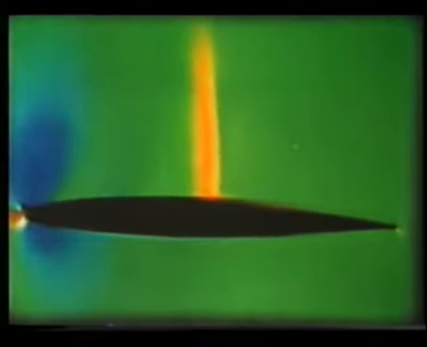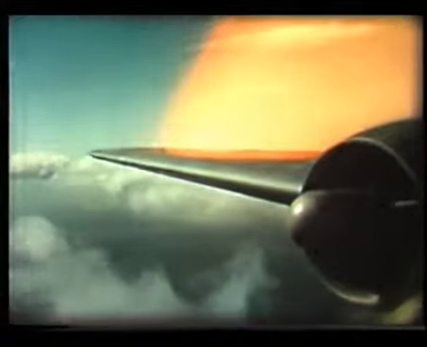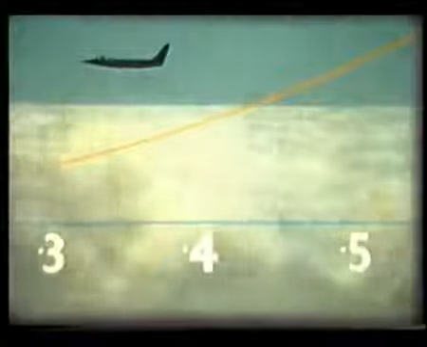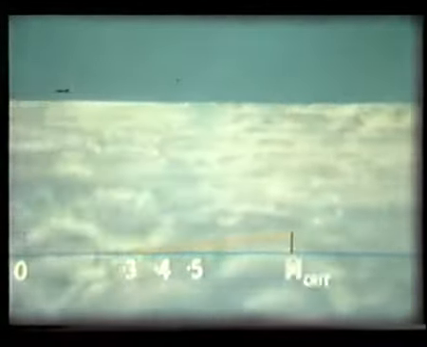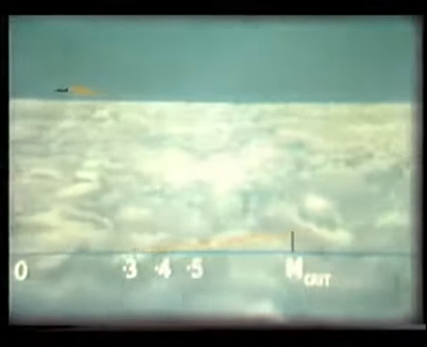For the energy dissipated as heat by the shock wave must be continuously supplied by the engines. This causes a new kind of drag, wave drag. As the shocks move back and grow stronger, so the wave drag grows. So once an aircraft has passed its M crit, its drag rises much more steeply than before.